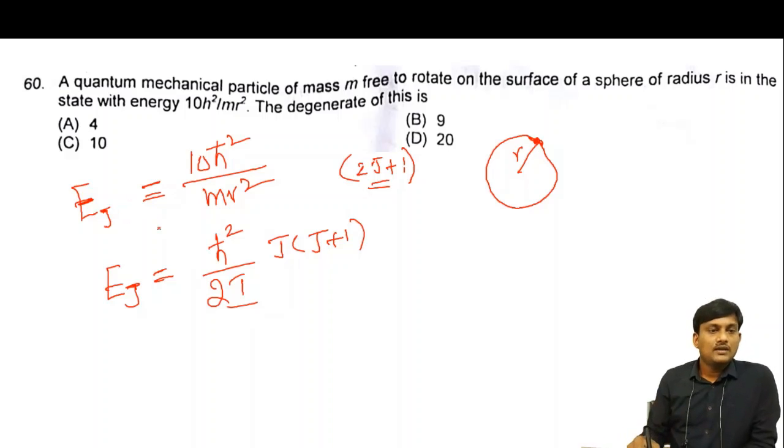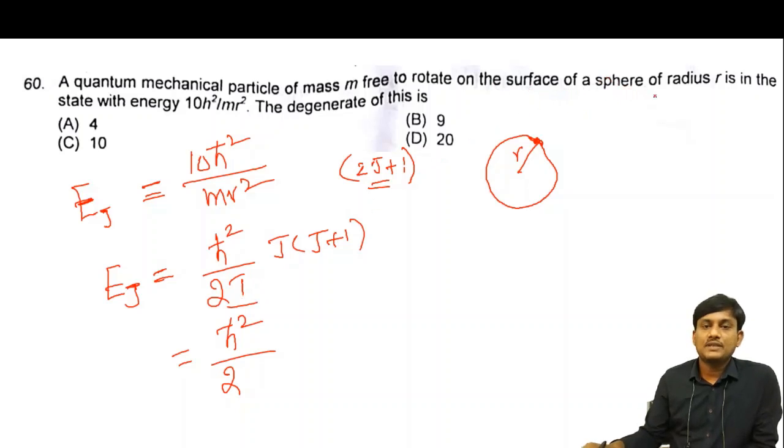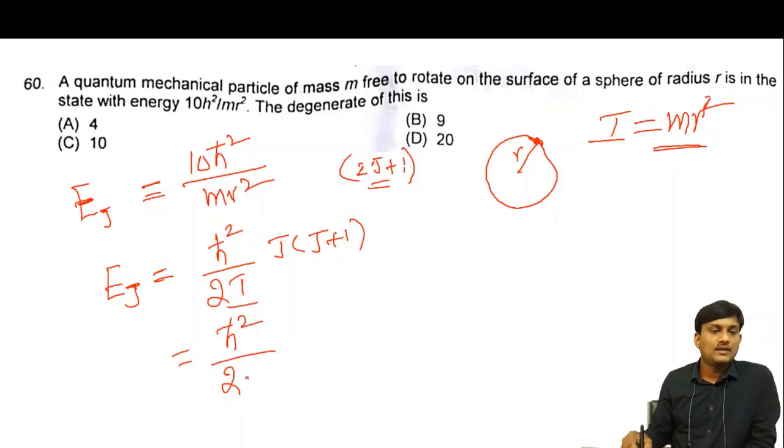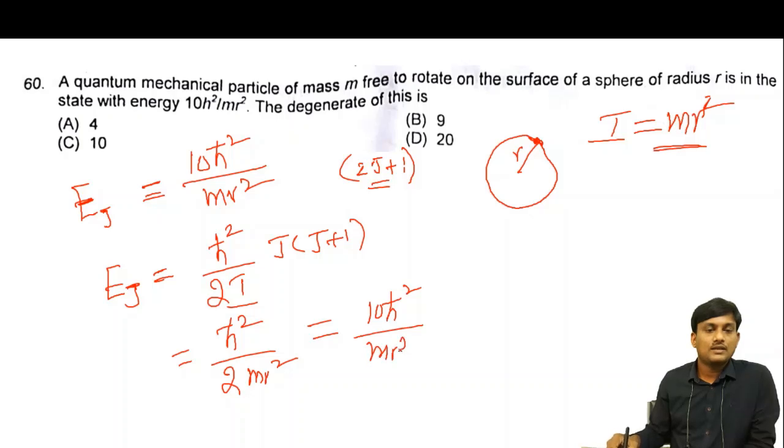So here Ej is given, 10 h cross square by m r square. You can write h cross square by 2 into I, and when a particle rotates on the surface of a sphere, I is equal to m r square, where m is the mass of the particle and r is the radius of the sphere. So it will be h cross square by 2 m r square into j into j plus 1, and this is equal to 10 h cross square by m r square.